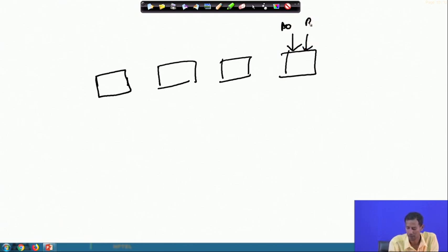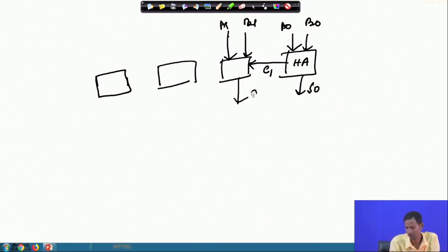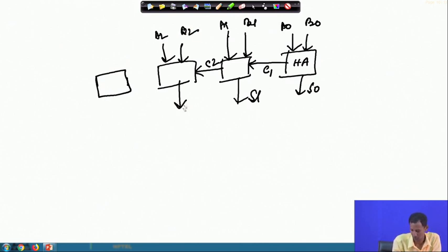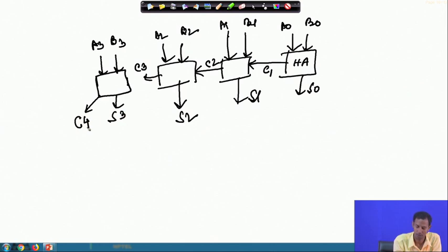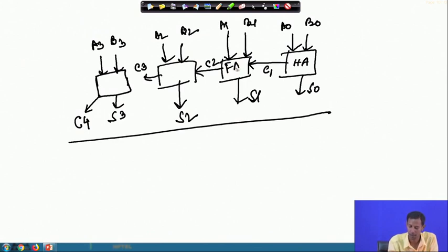This is A0 and B0, this is one half adder, then the carry C1 comes over here, then A1, B1, this is S0, this is S1, then this will produce the C2 where this will be added with A2 and B2, then this will produce S2 and this C3, which will add with A3 and B3, and it will produce S3 and a C4. These are the 4 adder cells.